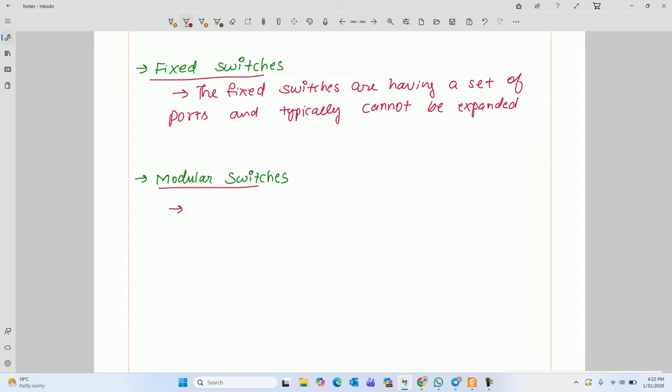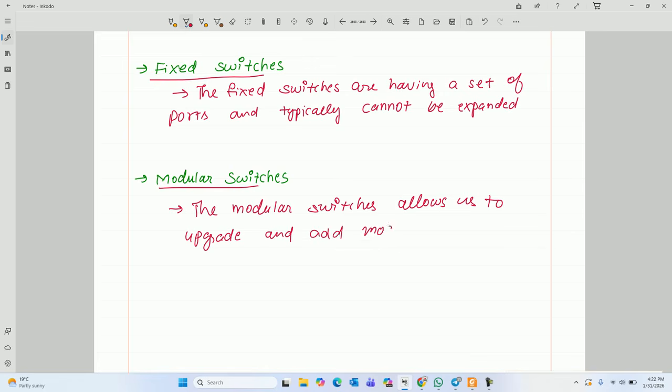But when we talk about modular switches, the modular switches allow us to upgrade and add modules to increase the port capacity of a switch.